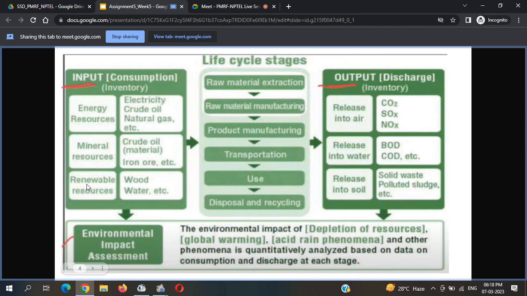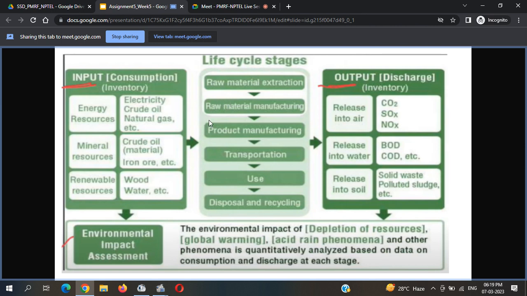Then it can also be renewable resources. For example, wood or water, or other renewable resources which are available. Then these are the life cycle stages. So raw material extraction, then raw material manufacturing, then product manufacturing. How these two are different, as I said, is that you are using electricity as a raw material in your process, but even the electricity has been manufactured somewhere else.